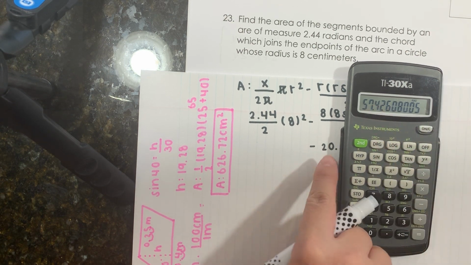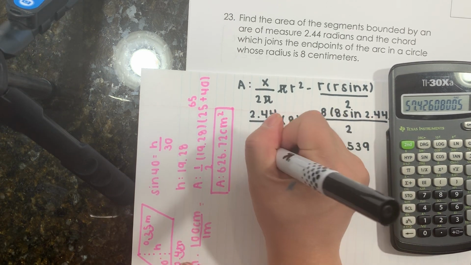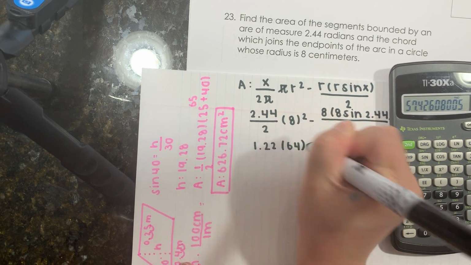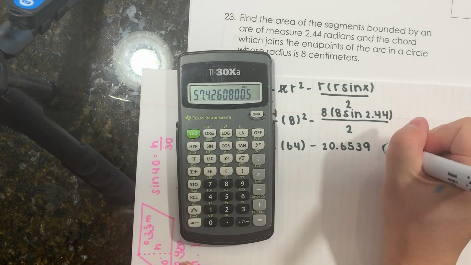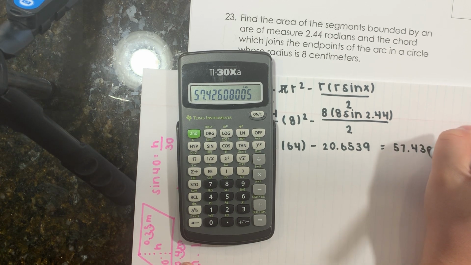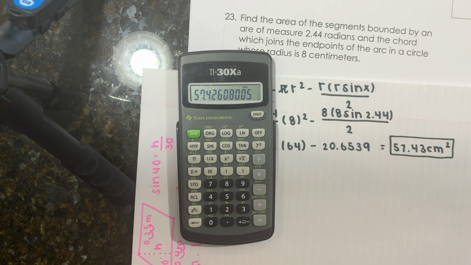So I just subtracted this value that I got from what I got from here, which was 1.22 times 64, and I did that in parentheses. So my result is going to be 57.43 centimeters squared. And if you don't have that formula written down, I would write that down as area of a segment.